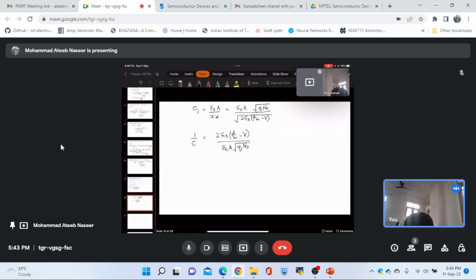Check the square root terms. Now let us square both sides.